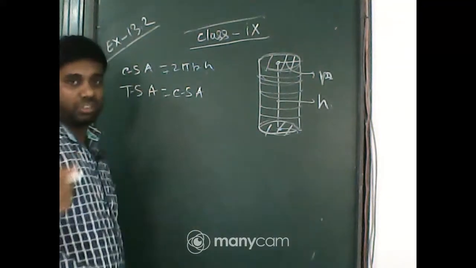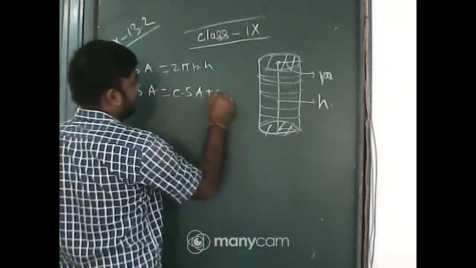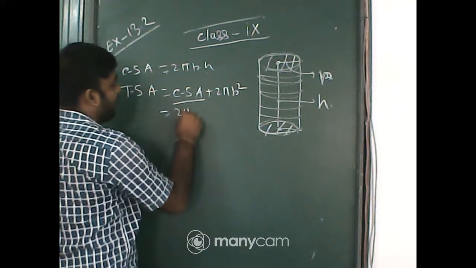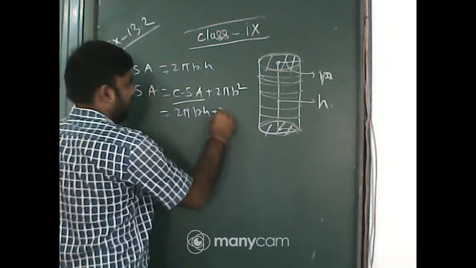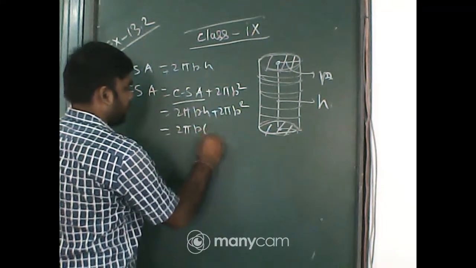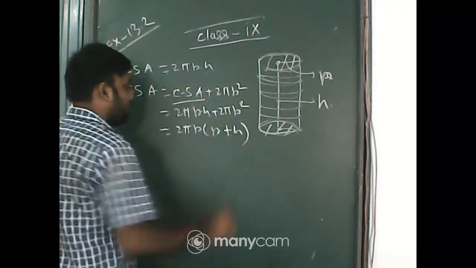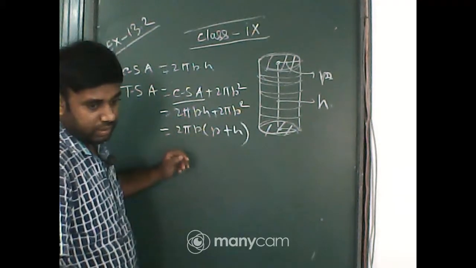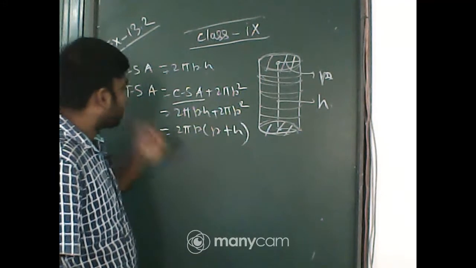The circle's area is pi r square, so two circles give 2 pi r square. Now curved surface area 2 pi r h plus 2 pi r square. So 2 pi r into r plus h, that is the total surface area of the cylinder.